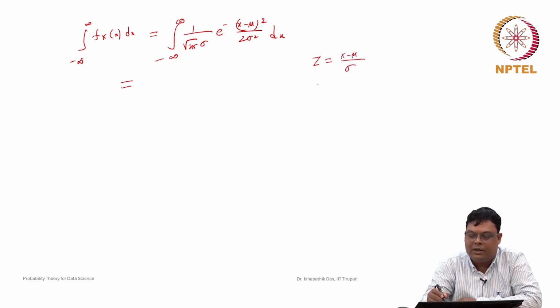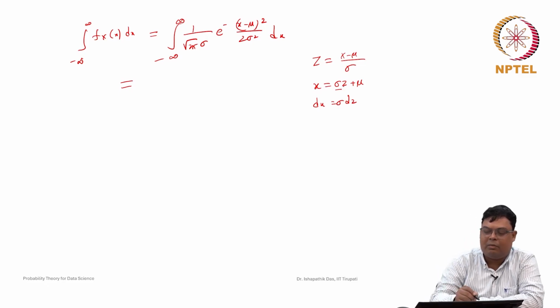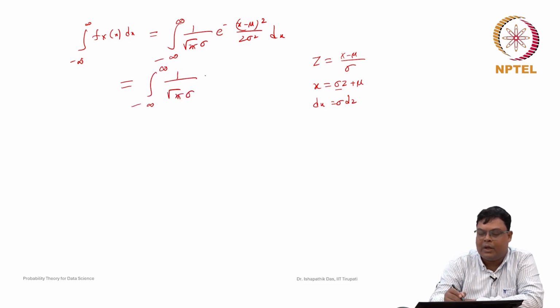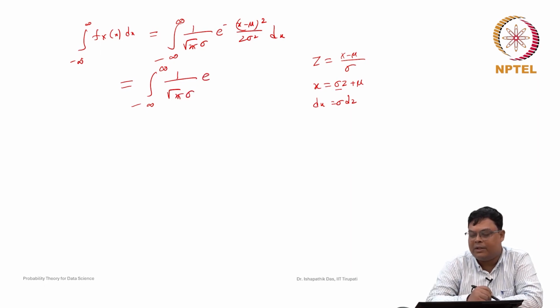Then x can be written as sigma z plus mu, so dx is equal to sigma dz, and the limits do not change, because when x goes to minus infinity, z also goes to minus infinity, and when x goes to plus infinity, z also goes to plus infinity. So, this is nothing but the integral from minus infinity to plus infinity of 1 by root 2 pi sigma e to the power of minus (x minus mu by sigma) square.